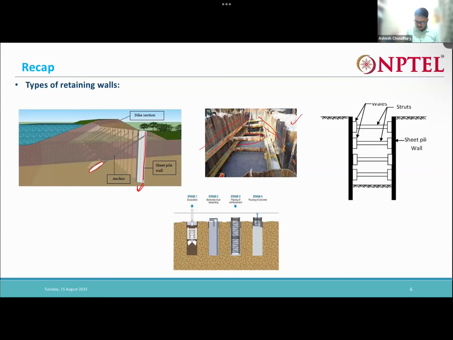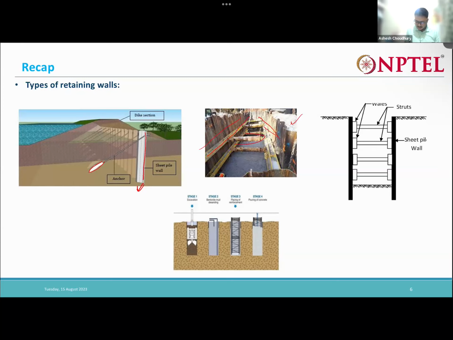This is the machine that is used to drill the nails. First we drill the hole, then we insert the nails, and then we fill that hole with cement grout. In that way we do the nailing process, and at the head we put a reinforced steel plate.